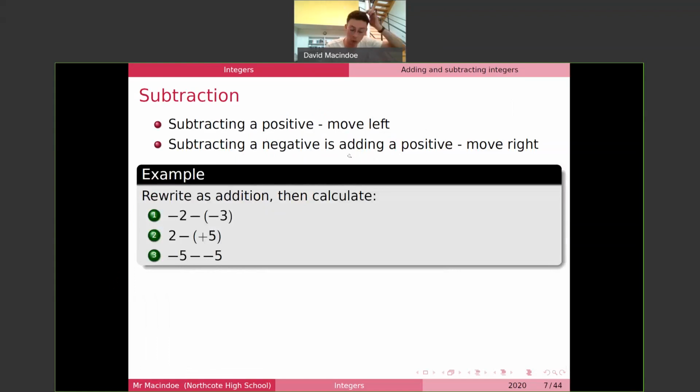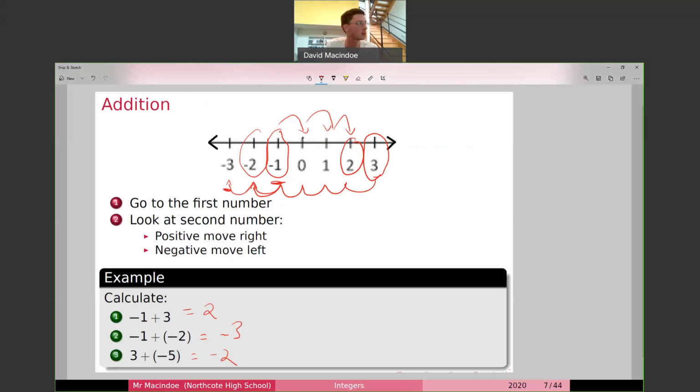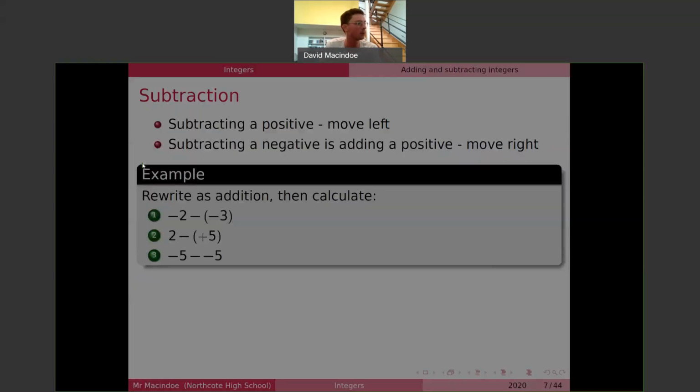If we want to subtract, it's the opposite. Before, we were moving to the right with a positive; now we're subtracting, so we're moving to the left. And with subtracting a negative, it's the same as adding a positive, so we move right. I'll explain why that should be in a moment, but let's just have a go at some of these. So I will just grab these so we can draw on them.